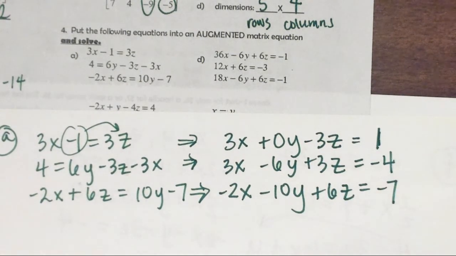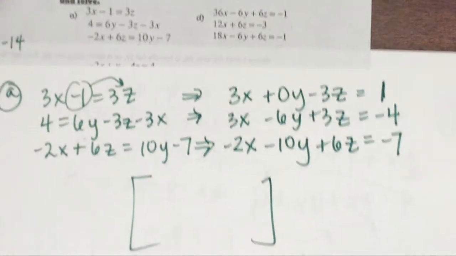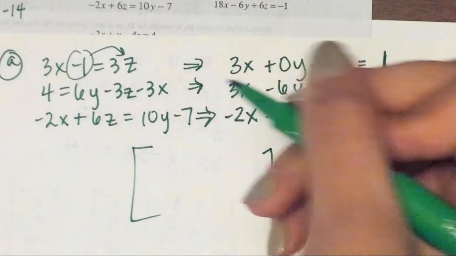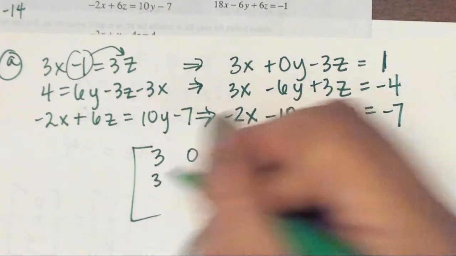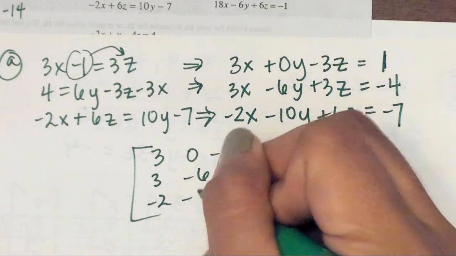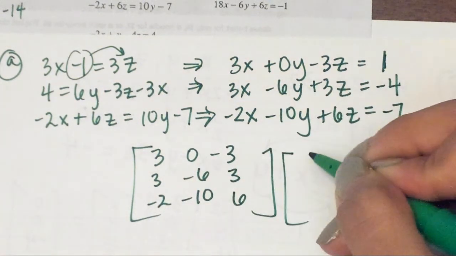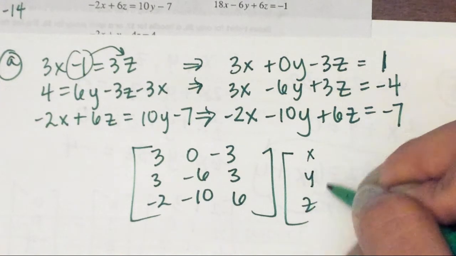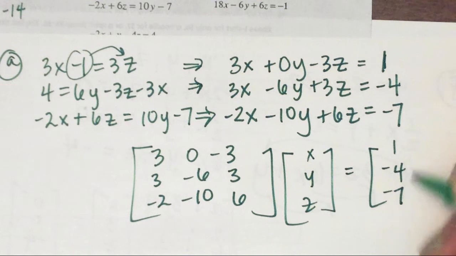So I'm going to go ahead and set this up in matrix form and then plug it in my calculator. It's going to look like 3, 0, negative 3, 3, negative 6, 3, negative 2, negative 10, 6, right? And then I'm comparing x, y, and z, and then it equals 1, negative 4, negative 7.